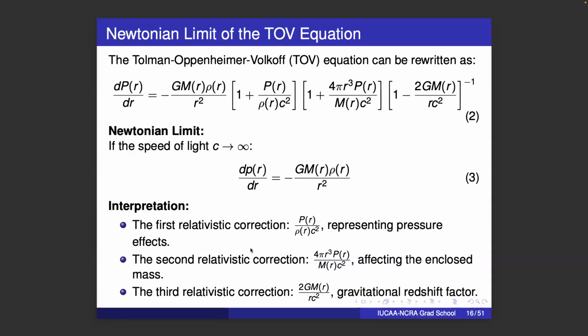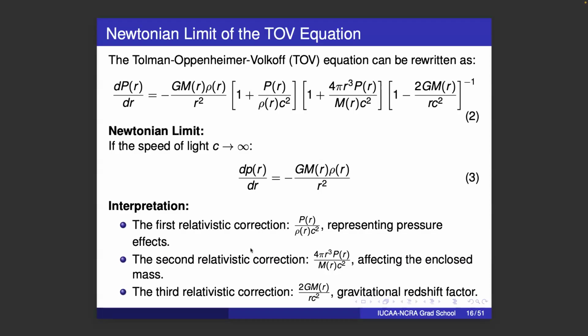If you start putting c equal to infinity, then the second term in each of these equations disappears, and you're left with 1, 1, 1, and you get the classical Newtonian limit, which is this equation. So the first correction, this term which appears in relativity, takes into account the impact on pressure because of general relativity.